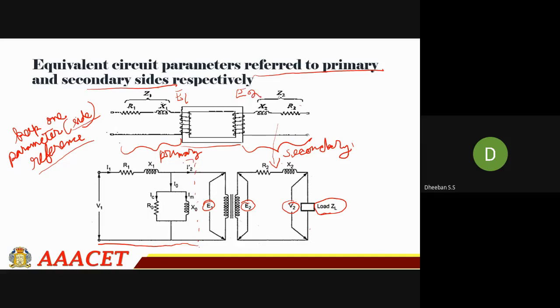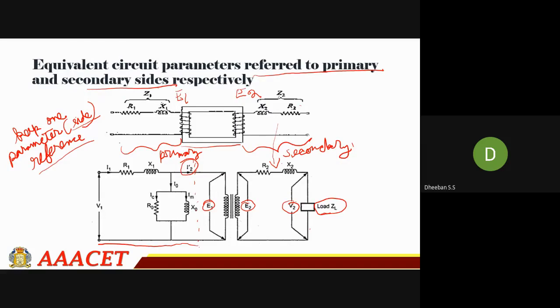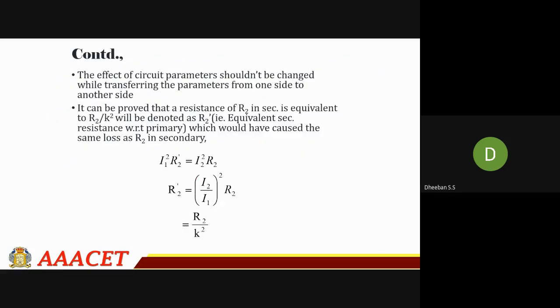Now you have to see what this I2 dash is. So now we are converting with respect to your primary. At that time, the effect of circuit parameters shouldn't change while transferring the parameters from one side to another side. Of course, it should not change, right?